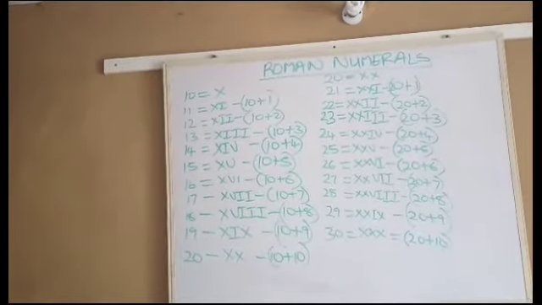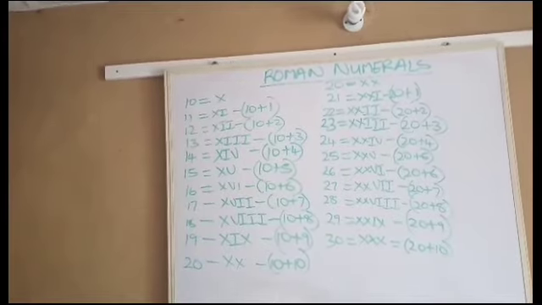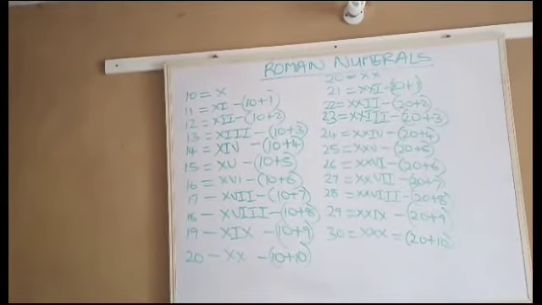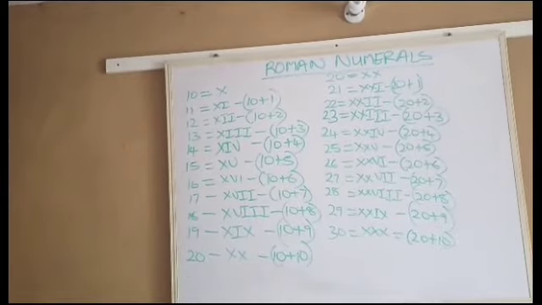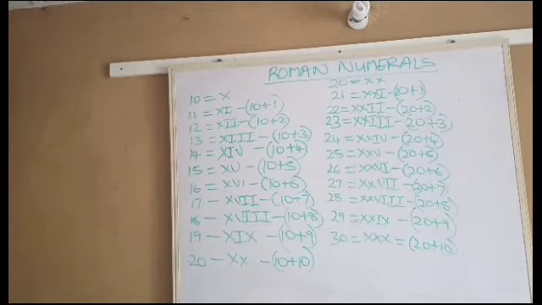Now we are looking at 20 to 30. You see that 21 is XXI. That's equivalent to saying 20 plus 1. 20 plus 1 is 21. That's why you have XX, that's 20, I is 1. 22 is XXII, as 20 is XX, II is 2.